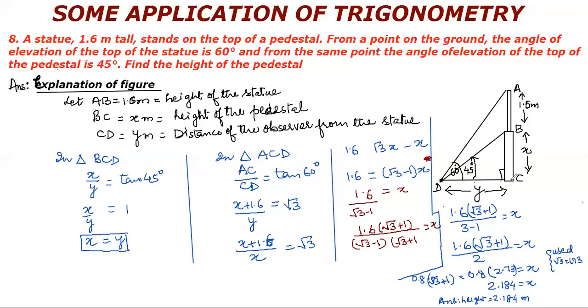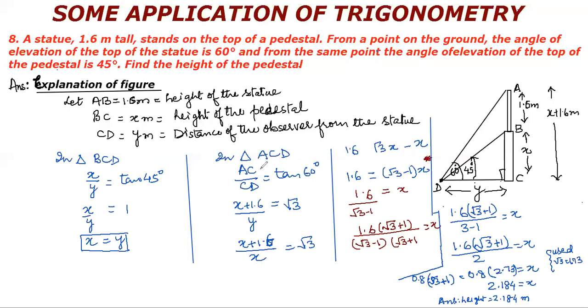So AC is the line and this is the base. This is the right angle triangle. So let's apply trigonometry in this. This is the side that you want to calculate. So the total height of this will become X plus 1.6 meter from here till the end.